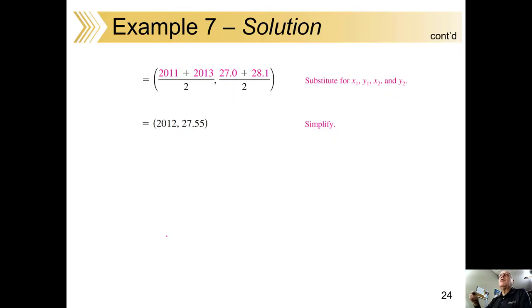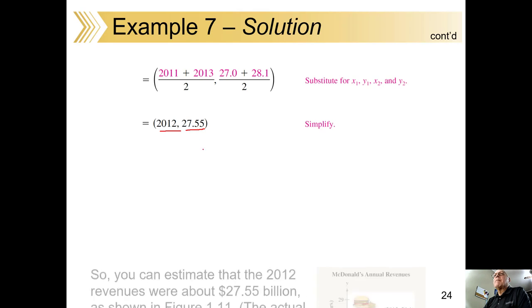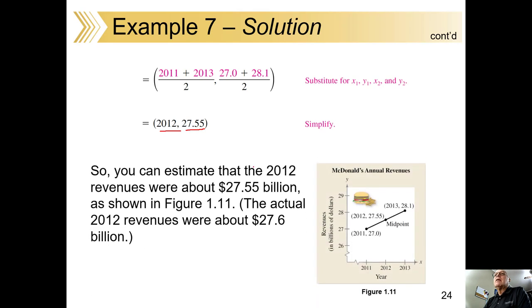They stuck with using the full year. You don't have to, that's up to you. And this is in billions of dollars. So the estimate is, and I actually did get it right on the fly, for the year 2012, we can estimate that the revenue was probably around $27.55 billion.